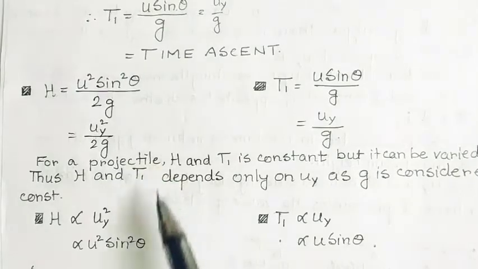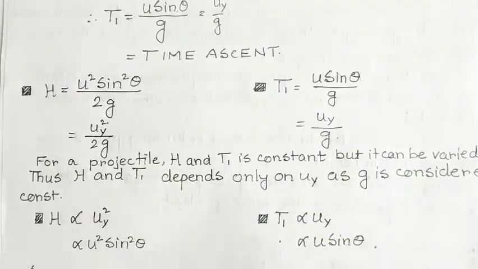If g is considered constant, just see, h equal to u square sin square theta divided by 2g becomes h proportional to u square sin square theta, because 2g is constant. And here t1, the time of ascent, is proportional to u sin theta.